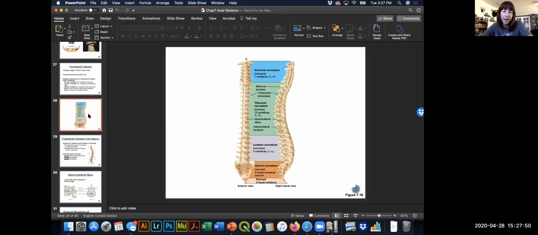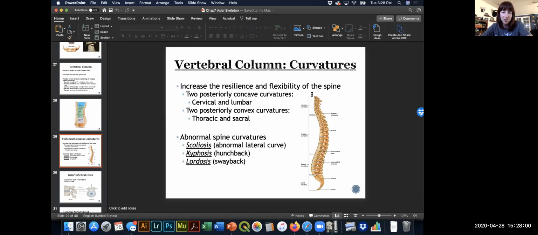Different types of vertebrae, right? 7 cervical, 12 thoracic, 5 lumbar, are different curvatures of the spine. Cervical and lumbar, thoracic and sacral, each going in their own direction, right?